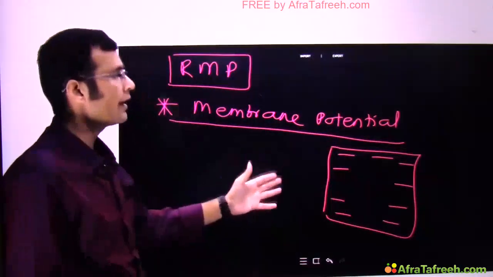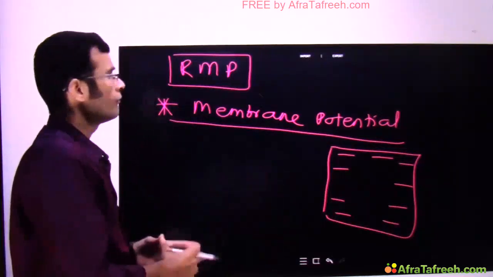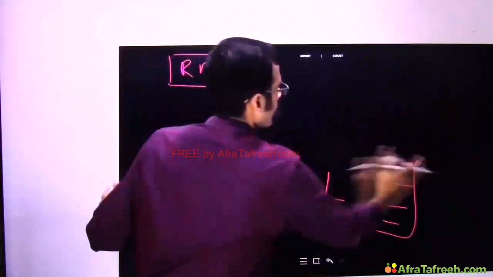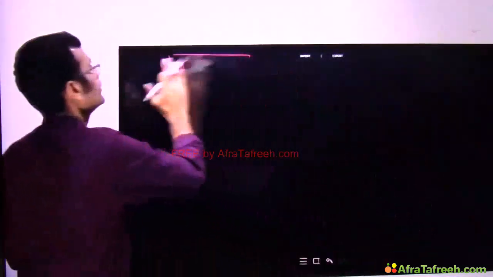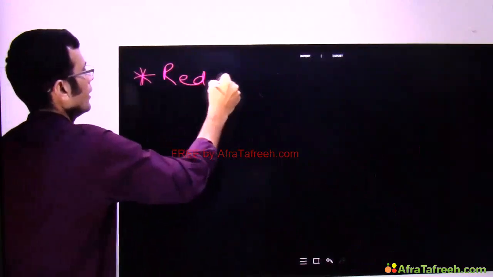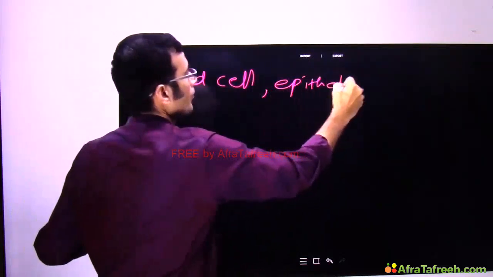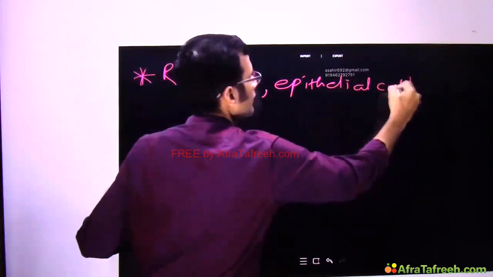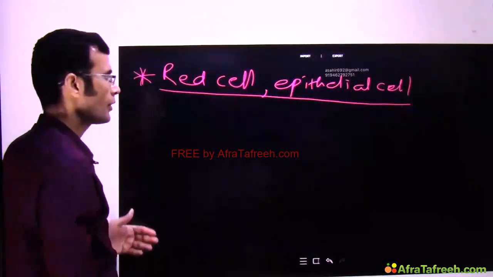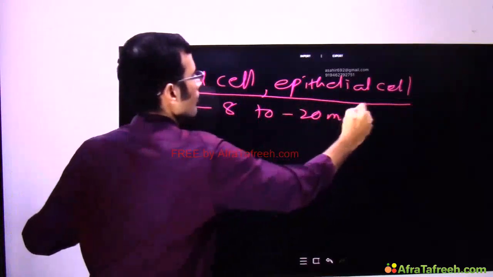So every cell has this negative potential, but the value differs. Let's see the different values. For instance, for a red cell, RBC, or an epithelial cell, the value is less negative, -8 to -20 millivolts.